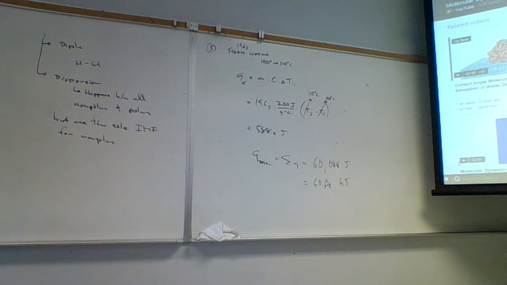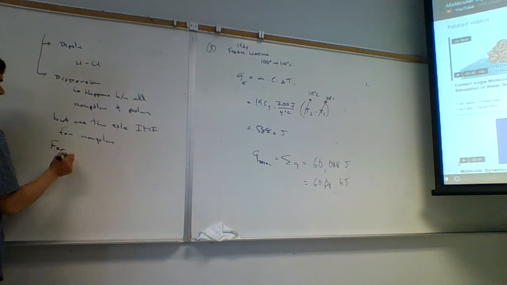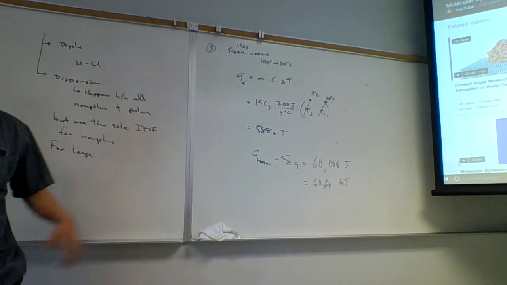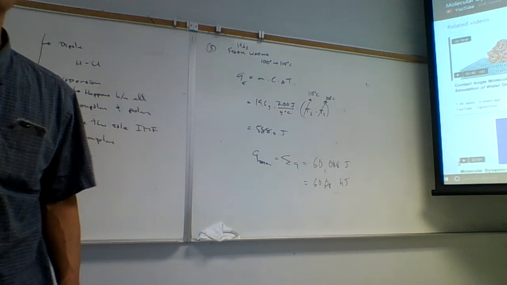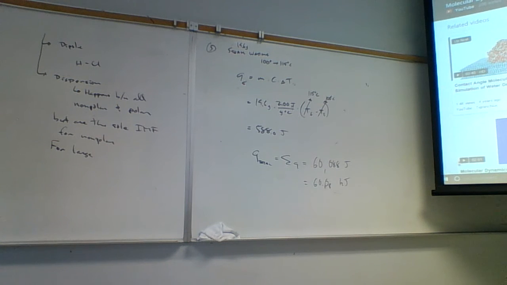For large molecules, dispersion can be significant. If I have a large molecule, I have a big electron cloud. Big electron clouds are much more easy to distort.